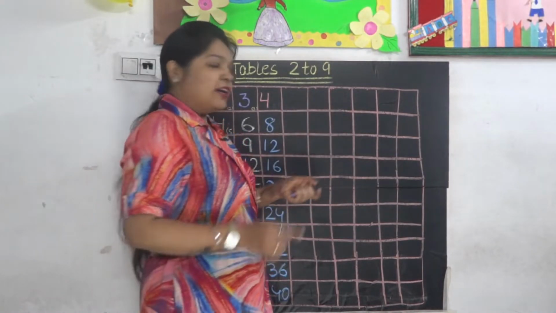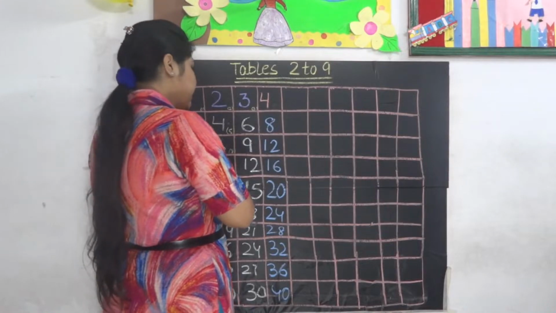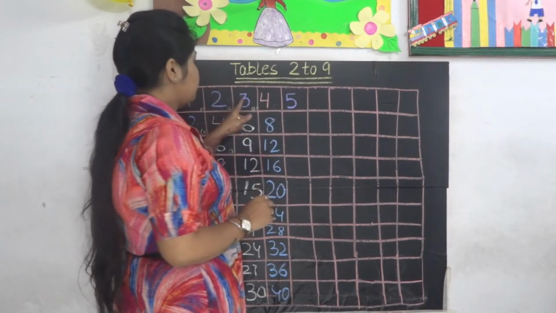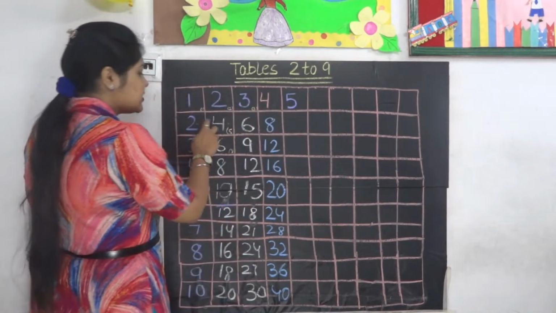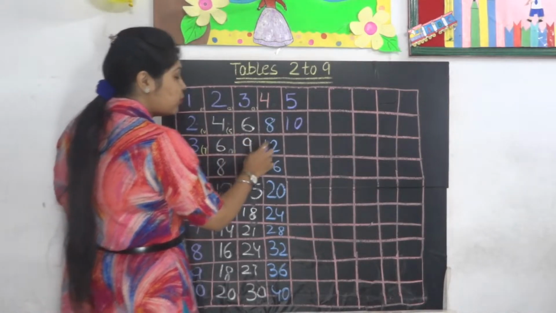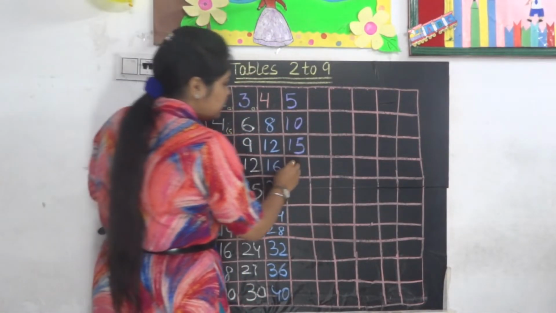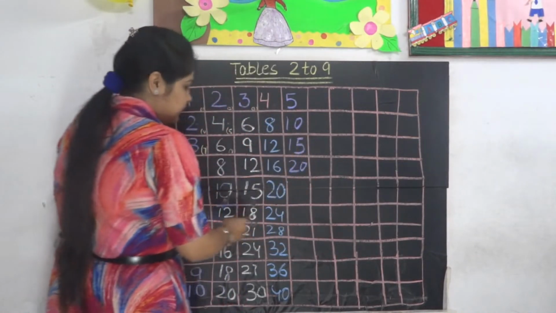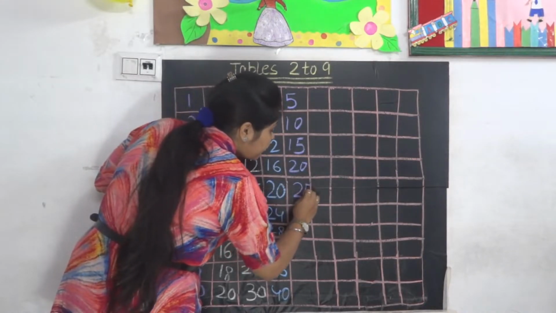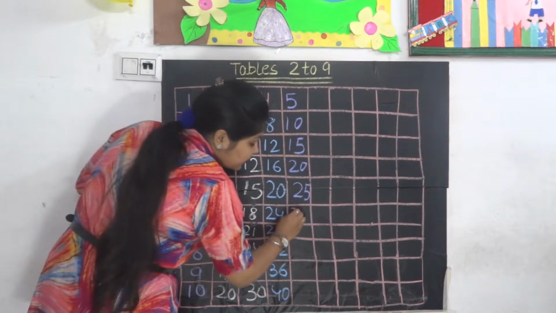Like this. Now shall we make the table of 5? Now you will make the table of 5 the same way. Now 1, 2, 3, 4, 5, 6, 7, 8, 9, 10, 11, 12, 13, 14, 15, 16, 17, 18, 19, 20. Then 21, 22, 23, 24, 25, 26, 27, 28, 29.